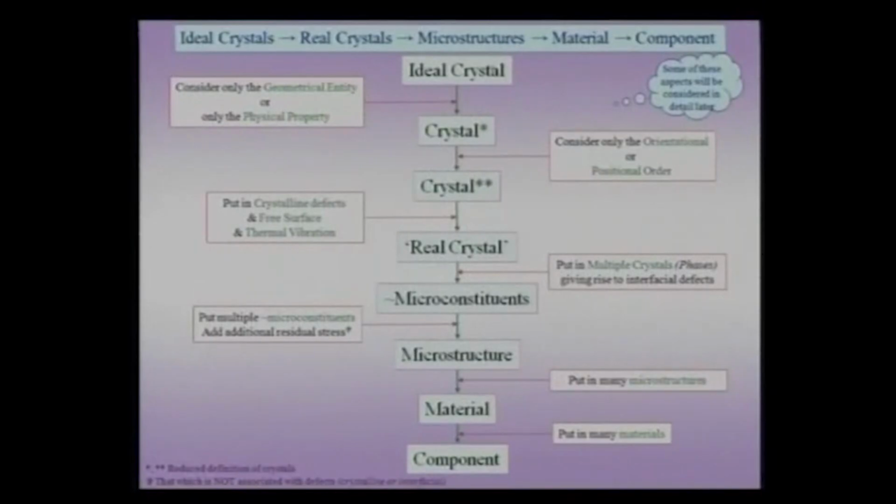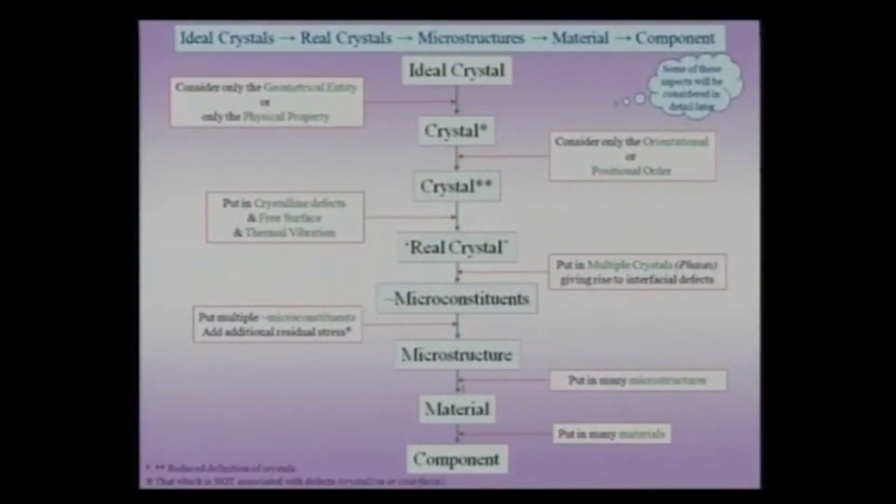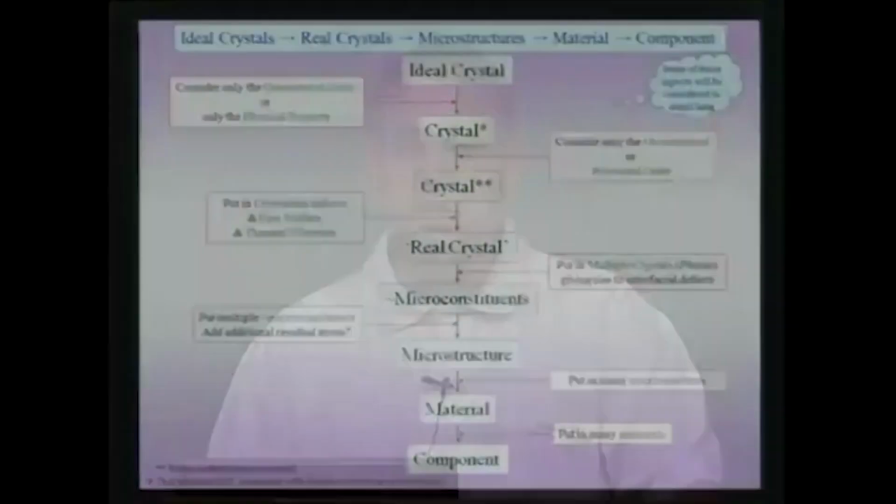So, I can start with an ideal crystal, and going through this flow chart by relaxing certain considerations and introducing certain new definitions, I can go to a component, and not only am I going down in terms of what you might call an ideal mathematical description, but also I am going across length scales. So this additional point has to be noted.